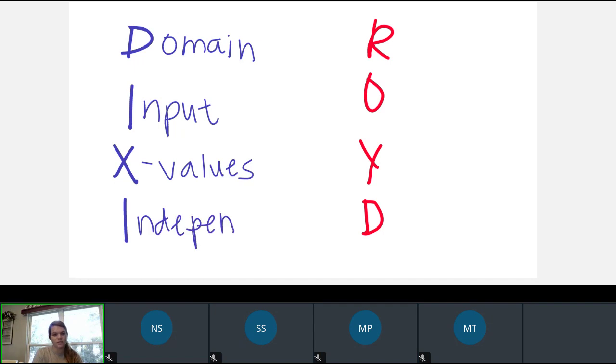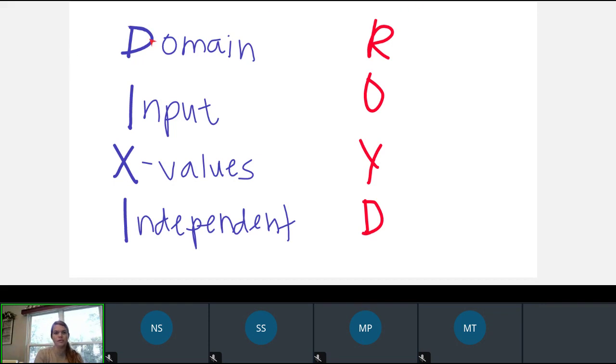So all of these are just other ways to say domain. I could interchange these words. Input is the same as domain. X values are the same as input, which is the same as domain. Independent variable is the same as domain, input, and X values. Okay, so I just want you to see all of these words written out.